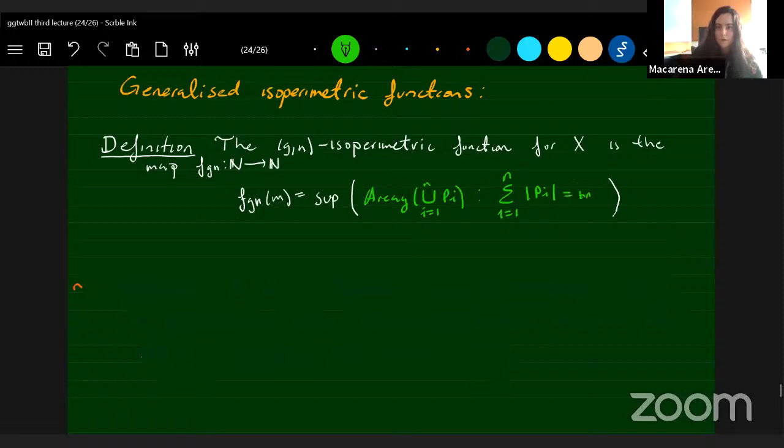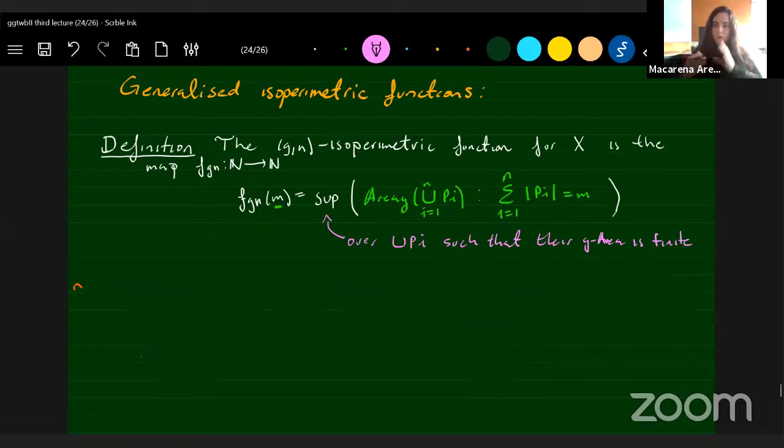So the function at the value m is the supremum over all G areas of collections of paths whose length is exactly m. And we're taking the supremum over collections of paths such that their G area is finite. So we want there to actually exist diagrams that satisfy this condition.